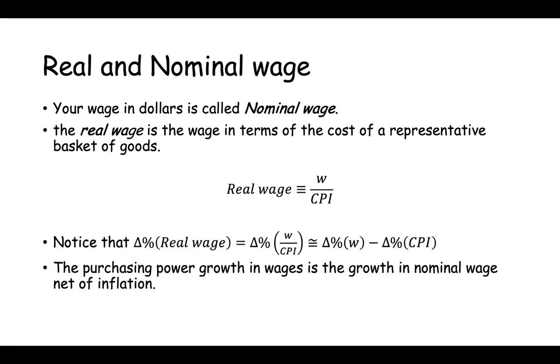So the implication of that is that if you want to keep the purchasing power of your wage fixed, in other words, you want to keep the real wage constant, you gotta increase what you pay people by about the same amount, by about 2%. And so for a long time, wages were increasing about 2% per year. Inflation was 2% per year. That's what we call wages were adjusted by inflation to keep the purchasing power of the wage constant.